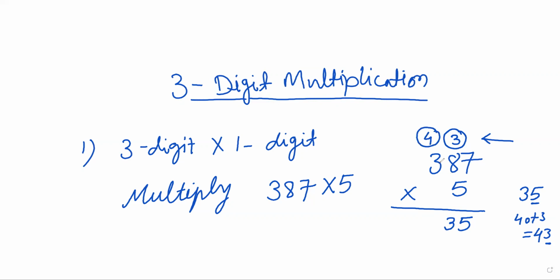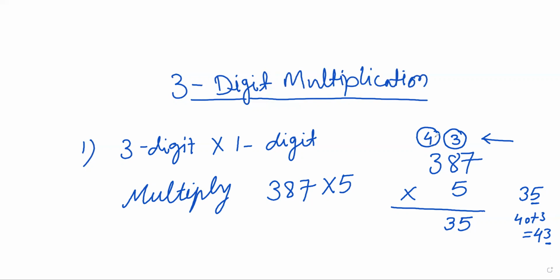Now multiply this number by 5. What will we get? 5 3s are 15. Or you can take 3 5s are 15. Both will be the same.